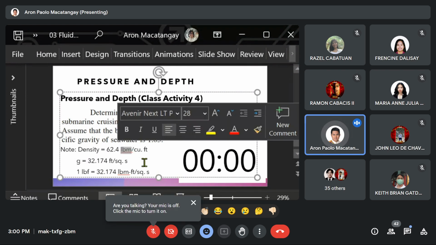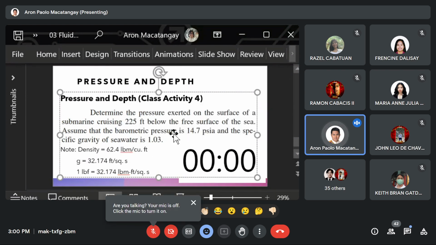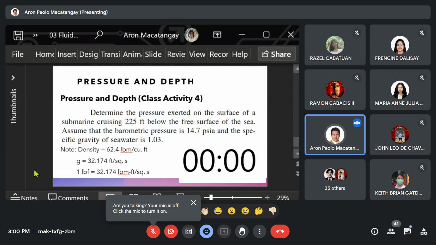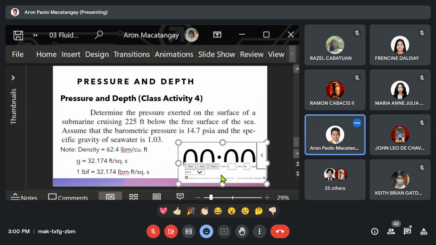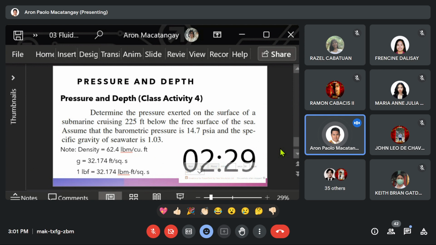Remember, it is still in pound mass, while your pressure is in pound force. So there is a conversion here: one pound force equals 32.174 pound mass foot per second squared. You have 2 minutes 30 seconds to do this and another 20 seconds on Kahoot to answer it.